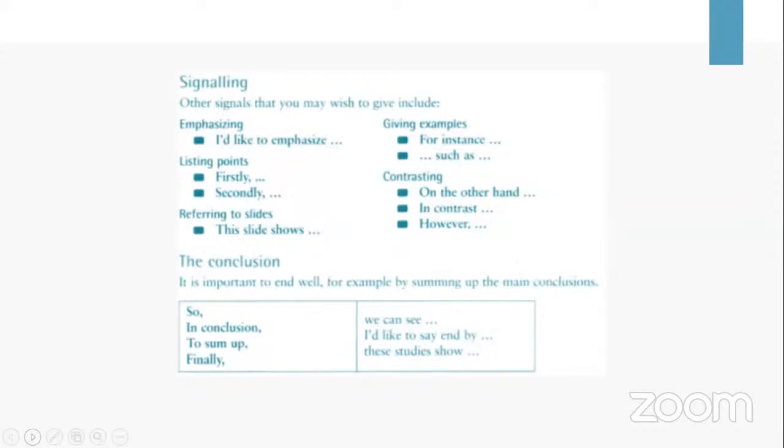No, teacher. Okay. I have a question here. What is "to sum up"? Who can tell us? Like to summarize everything, like a summary of everything.